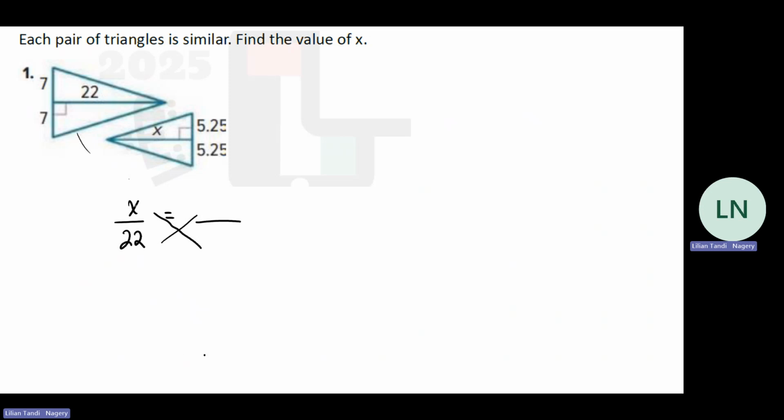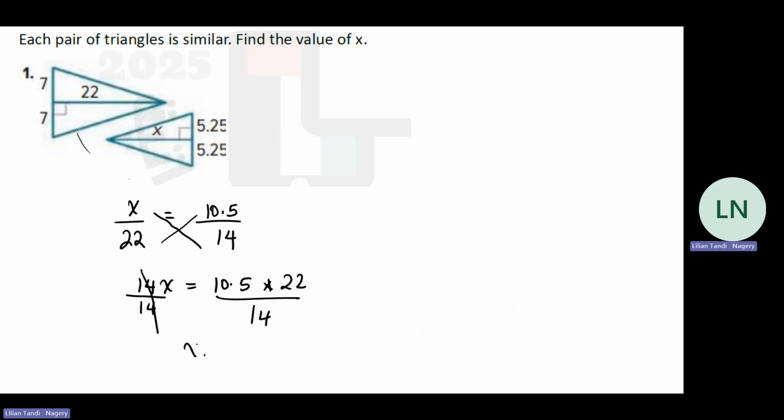So this is for the small triangle. So we should go to the small triangle and should get 10 and a half. And here we should get 14. So we have 14x equals 10 and a half times 22. For me to get x, I should divide by 14.